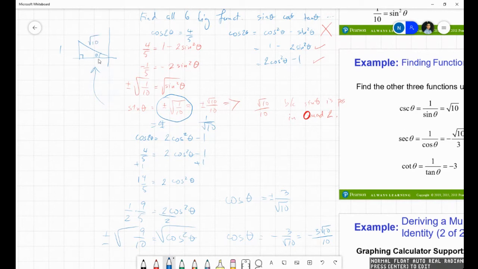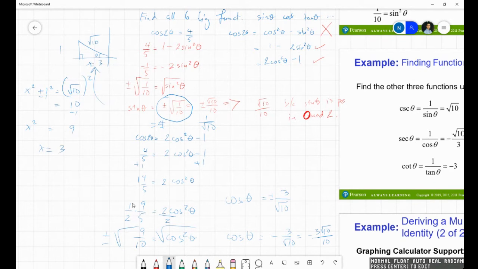Now we can find the x value. We can say x squared plus 1 squared equals square root of 10 squared, which is just 10, minus the 1 here. So x squared equals 9, so x is equal to 3.